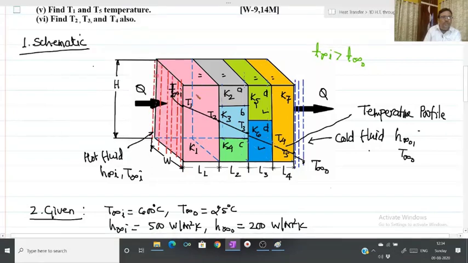So the area of this face is nothing but H into W, the height of the slab into the width or depth of the slab.